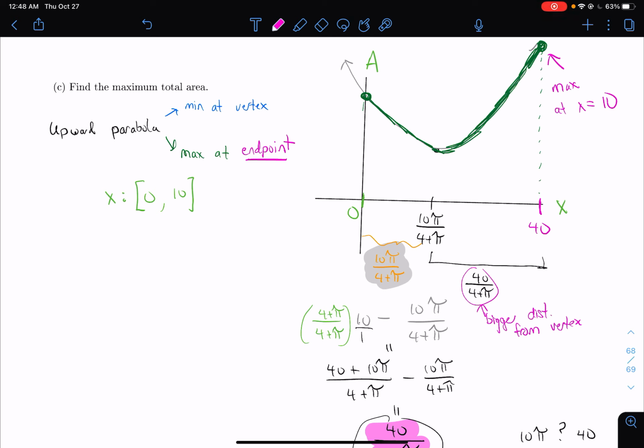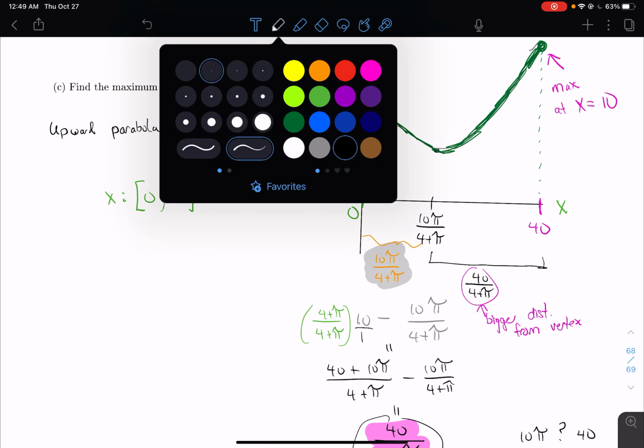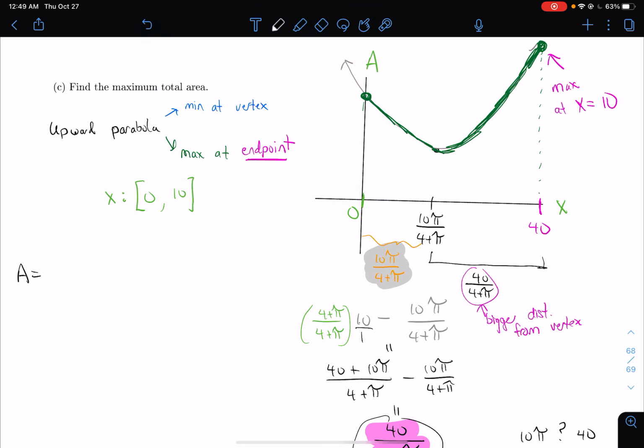Okay, so I've got to use this x value to figure out what is the area. It said, what is the area? So I've got to take my area equation, which we had before. I'm just going to write it down one more time. It was pi times x over 2 pi, squared. That was the circle area, plus 10 minus x over 4, squared.